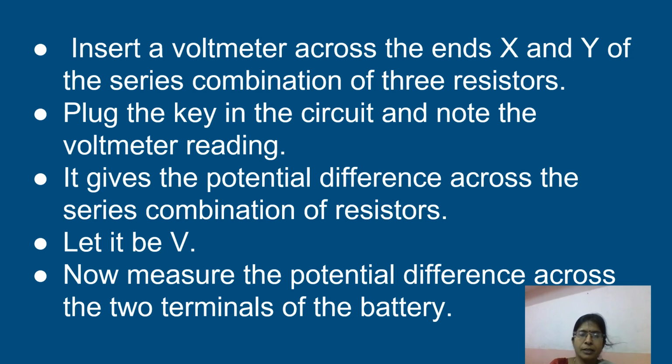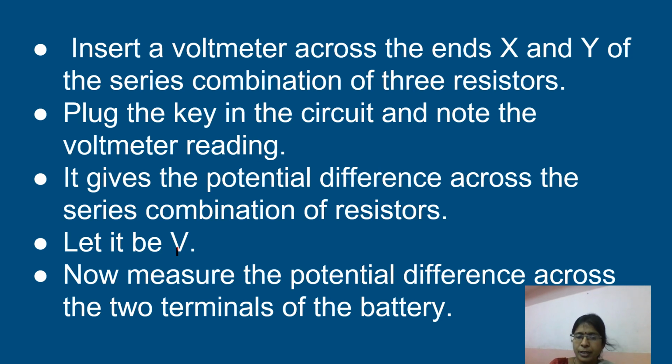When you are taking the reading of voltmeter, it gives the potential difference across the 2 points which you are taking, that is between X and Y. Let it be equal to V. Now this time measure the potential difference across the two terminals of the battery. So here second time you have to take the value of voltmeter between the terminals of the battery.